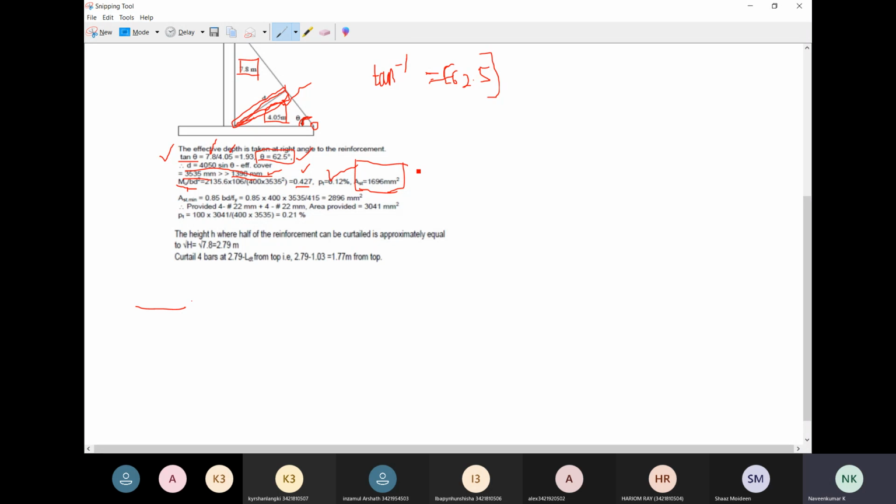You have done this in the cantilever wall design itself, while designing the stem, toe slab or heel slab. So the same question I'm repeating: you got the percentage of steel, how will you calculate the area of steel?